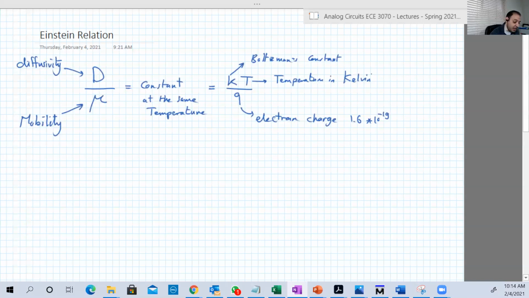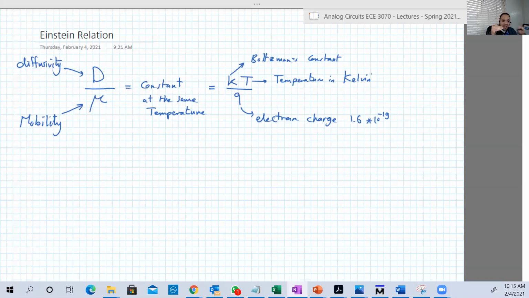Okay, and not just that, he discovered that D over mu, if you look further here, is not just a constant, it's actually some sort of energy, because kT, as we said, if you have a temperature, this temperature is just an energy, the amount of energy is multiplying the temperature in Kelvin by the Boltzmann constant. Okay, so kT is a thermal energy at temperature T. And energy is measured in joules, right?